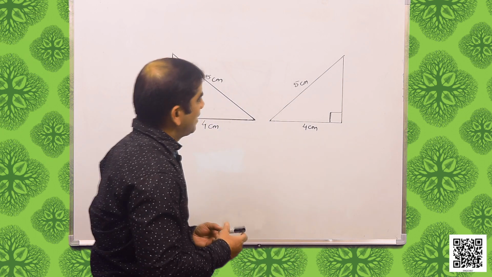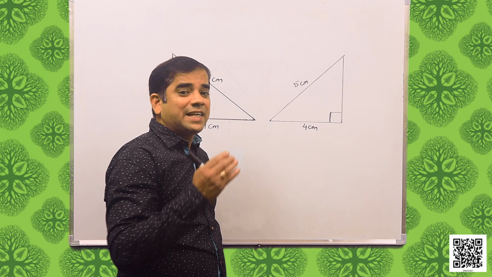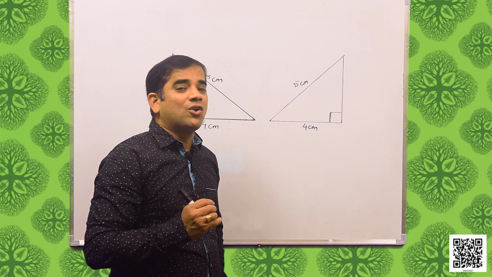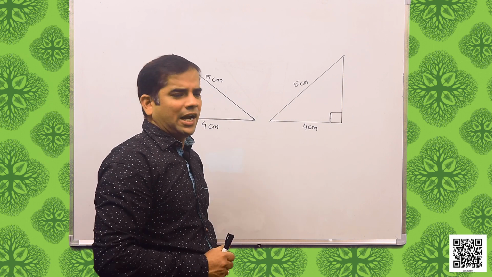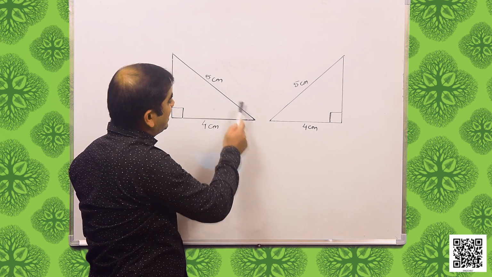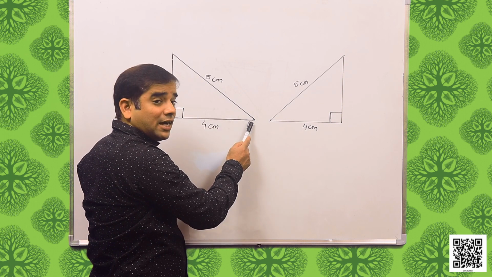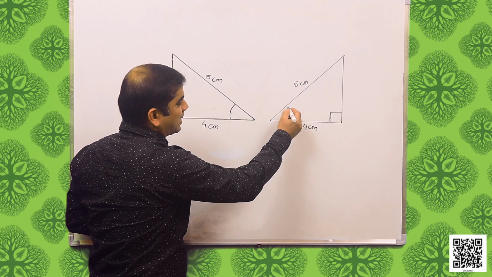What we have observed in the case of SAS congruency says that the angle has to be the included angle, and in this case the included angle between the hypotenuse and the base is this one. This is the included angle.